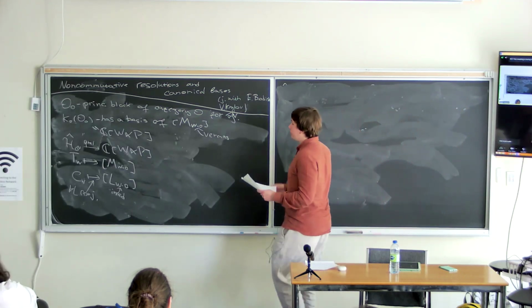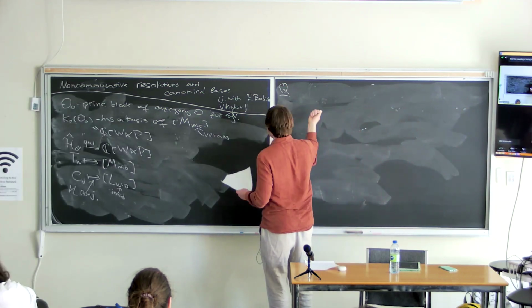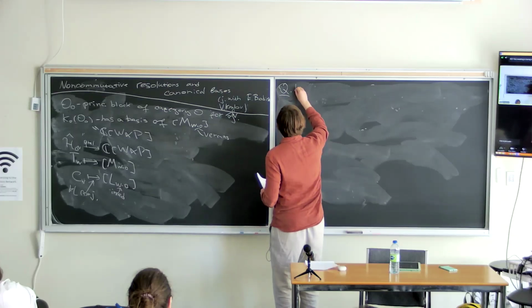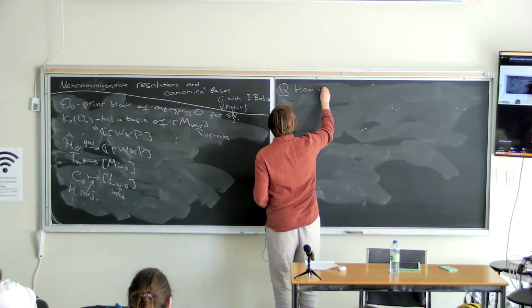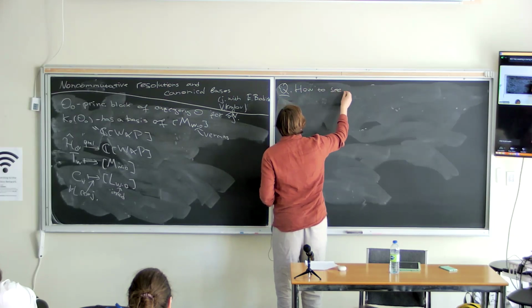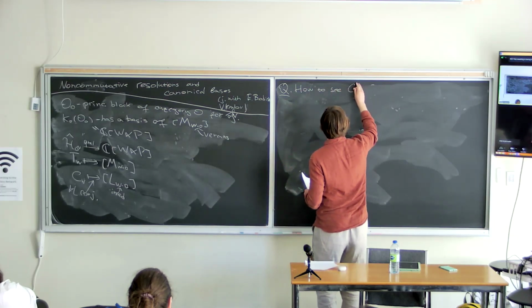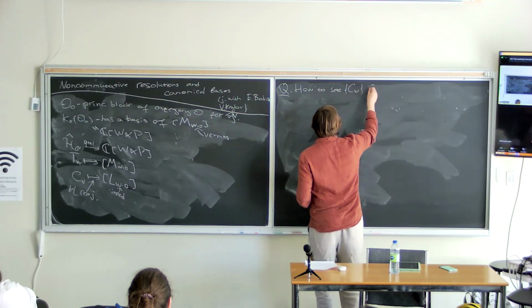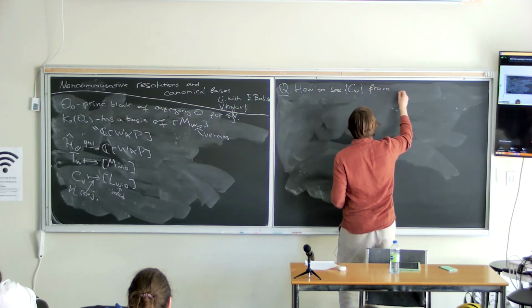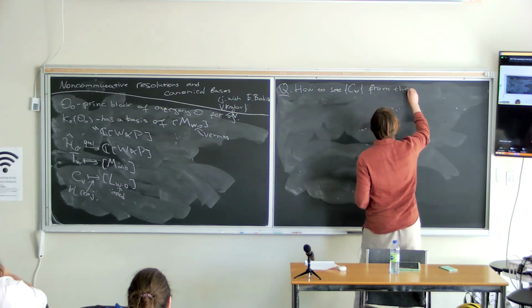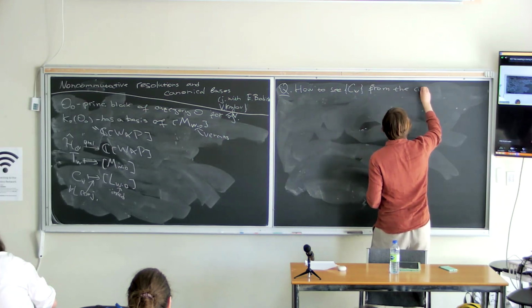So a question, which is not easy to answer: how to see the canonical basis C_W from this coherent realization of Kazhdan and Lusztig.